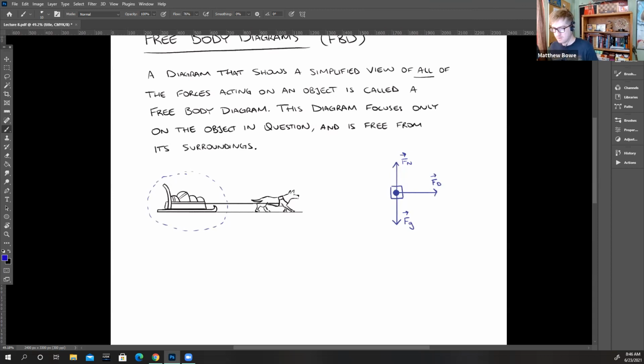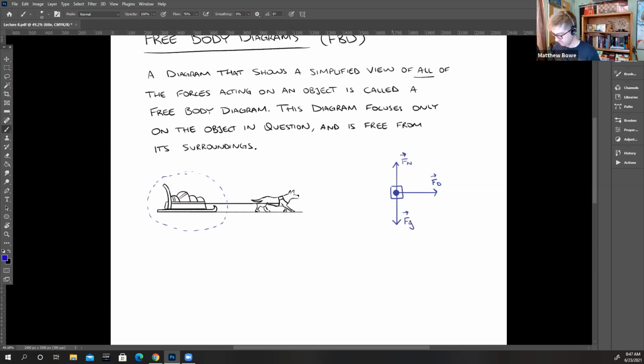Okay. So we have this simplified free body diagram. The good thing about a free body diagram is I can physically draw this to scale. I could get a ruler out and map out the size of these vectors and their directions, and I could solve this just using graphing paper and a ruler.